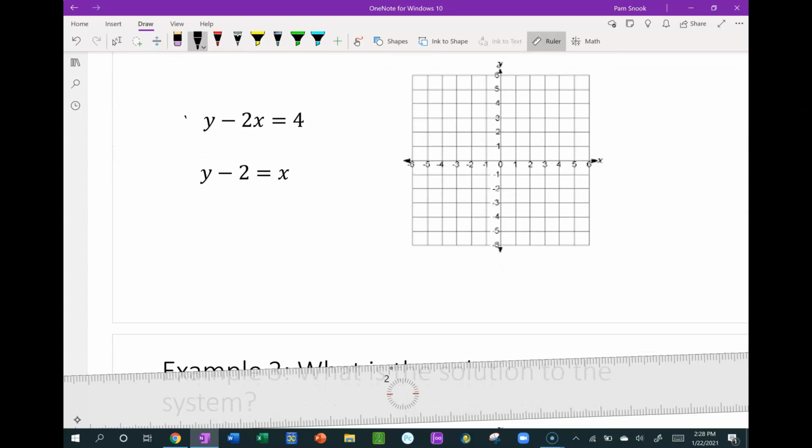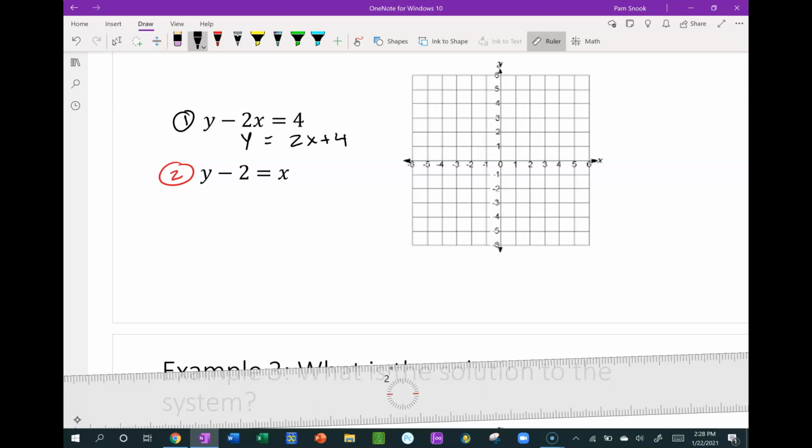So again, here's our first system, y minus 2x equals 4. And our second equation is y minus 2 equals x. Now take a look at that first equation. That's not slope-intercept form. So let's go ahead and convert it to make it easier to graph. I'm going to add 2x to both sides, so I get y equals 2x plus 4.